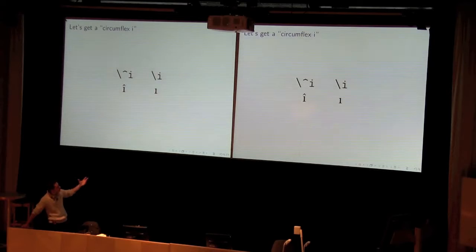It's related, so I put it here. If you want to put a circumflex on an I, this will produce what is below. If ever it doesn't produce this, which may happen on some LaTeX installations, you replace the I with the command that has for name I. This command produces an I without the point, because on some installations you may obtain an I with the point and with the circumflex accent on it, which is not what you want.